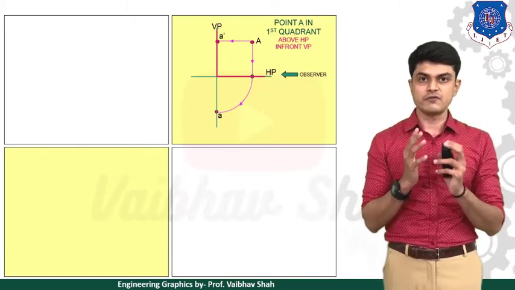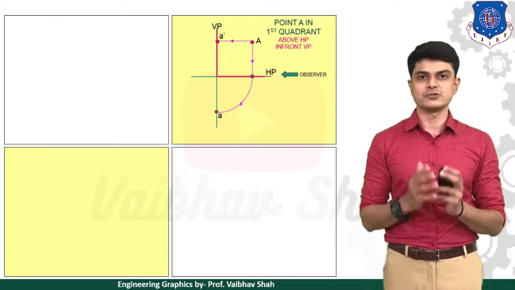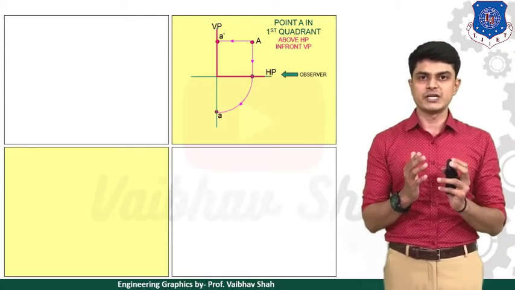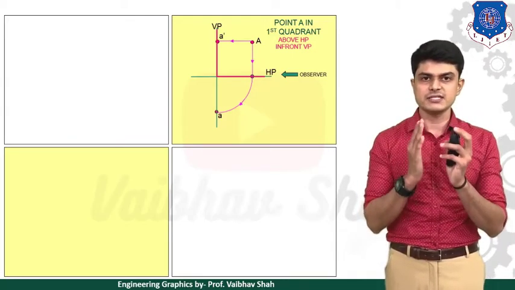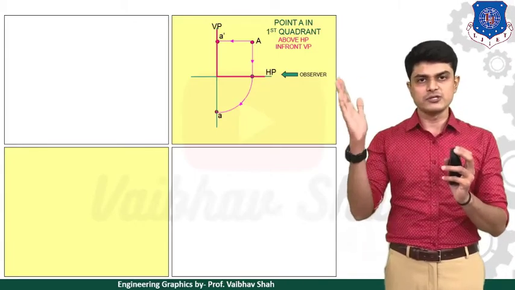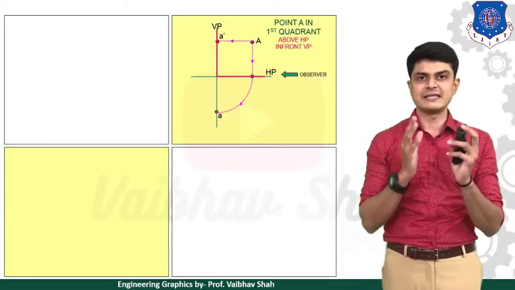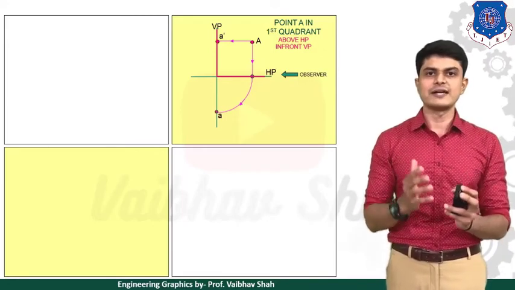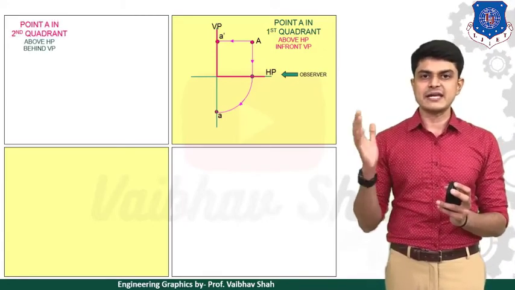That's why we always have our front view on the vertical plane, and vertical plane is very important for us. So we keep the vertical plane intact and always rotate only the horizontal plane around it to get our orthographic views. So it is clear.